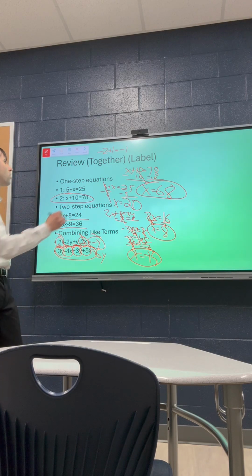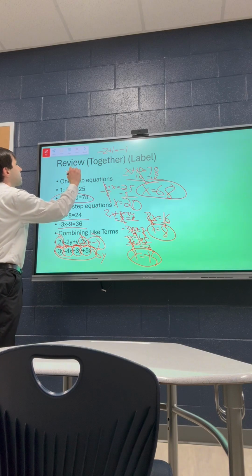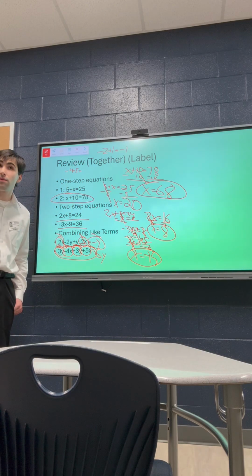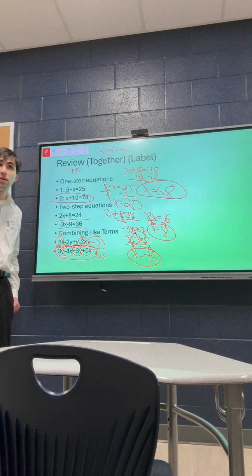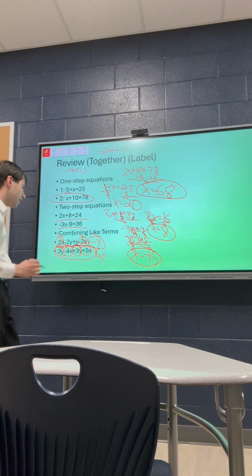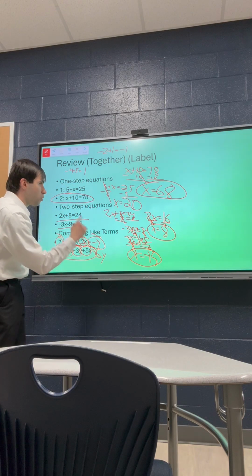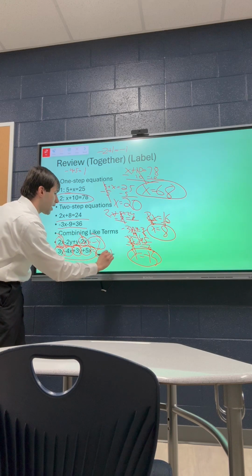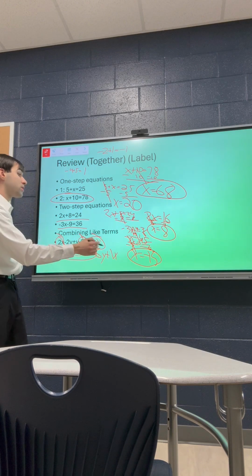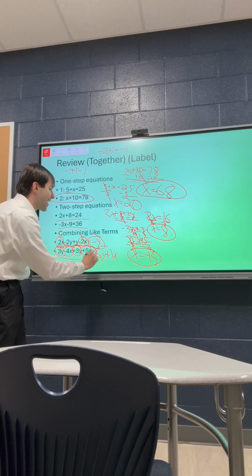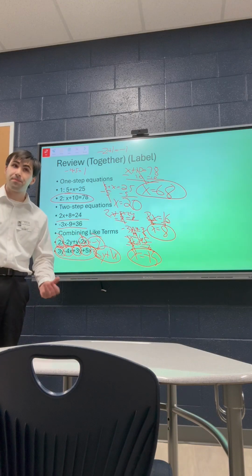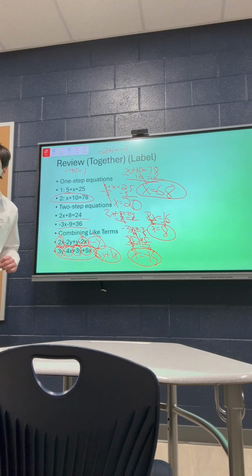What is negative 4 plus 5? 1. Yes, it's 1. And we don't write 1x, but we can. It'll be 6y plus 1x or 6y plus x. And we're done.